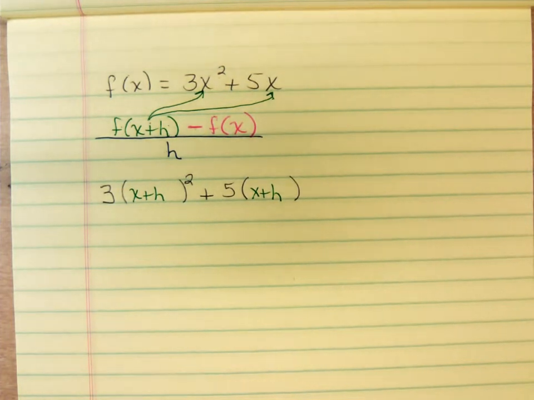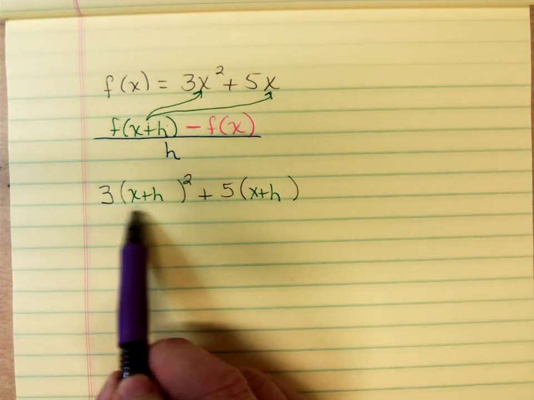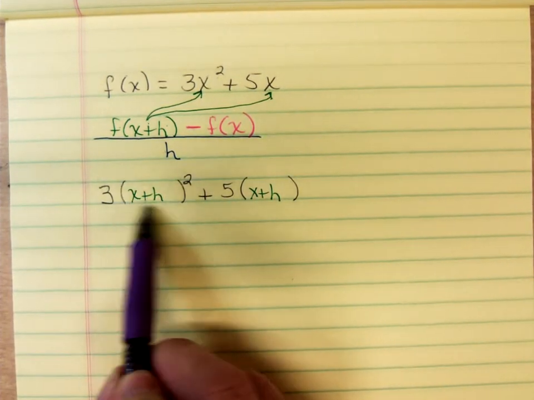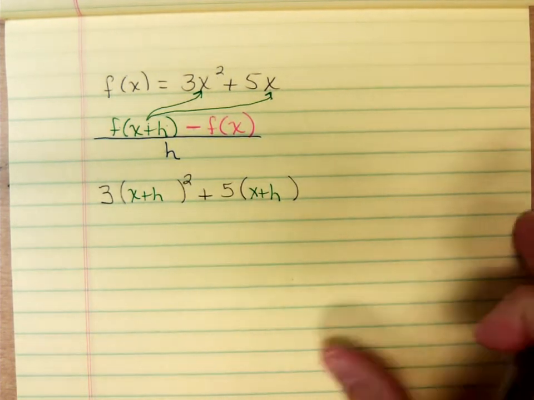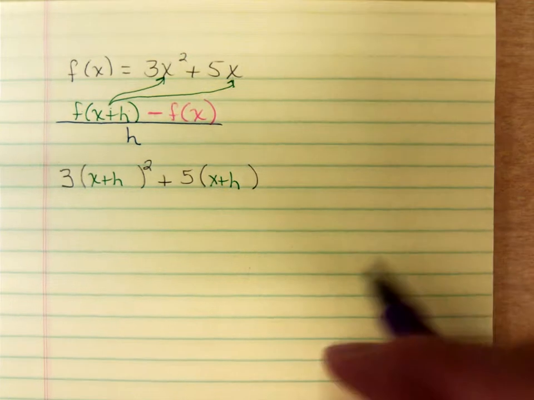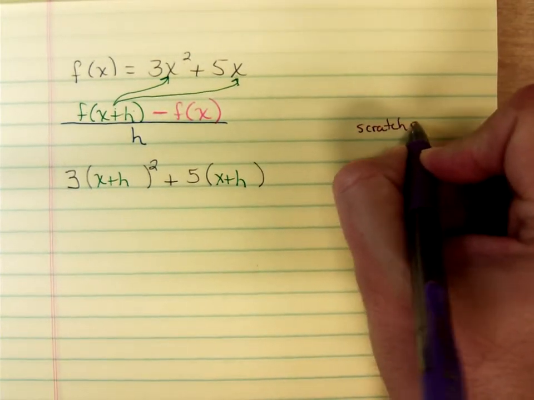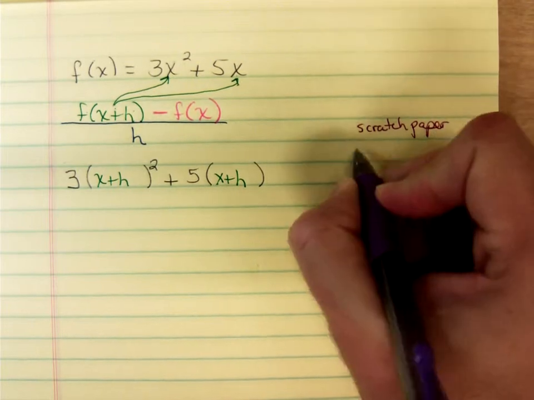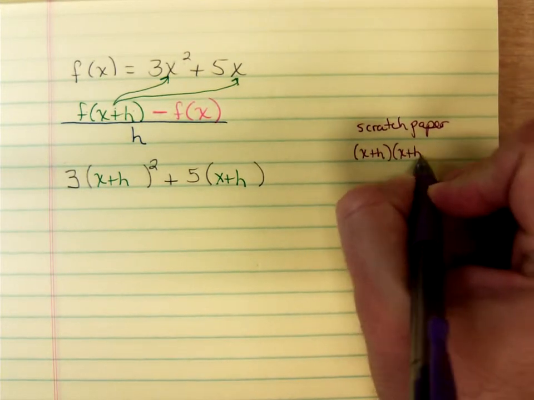Now, in order to simplify this, we're going to have to FOIL out this x plus h squared. So over here to the side, just some scratch paper, I'm going to FOIL out x plus h times x plus h.